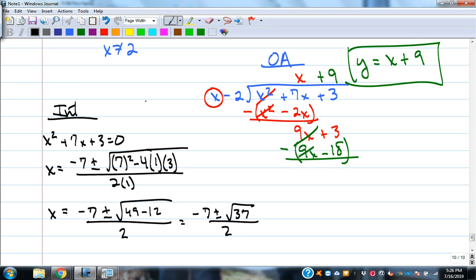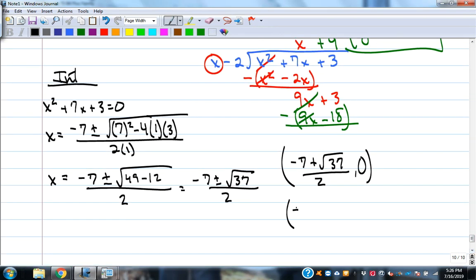So I know I've got x-intercepts at negative 7 plus the square root of 37 over 2, 0, and then negative 7 minus the square root of 37 over 2, 0. So those are my x-intercepts.